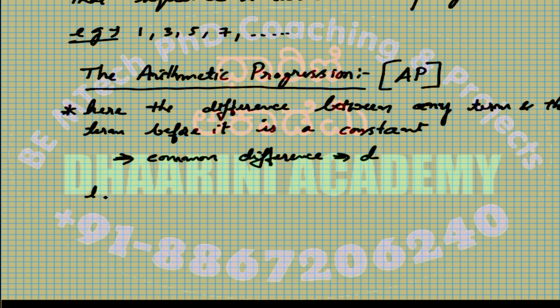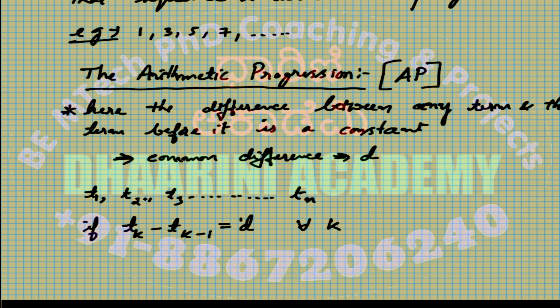If I write T1, T2, T3, dot dot dot, up to the nth term Tn, if Tk minus T(k-1), the current term and its previous term, is equal to D for all values of k, where k can be 2, 3, 4, dot dot dot up to n, then this is called the AP.